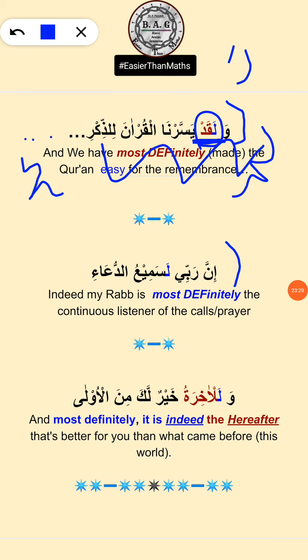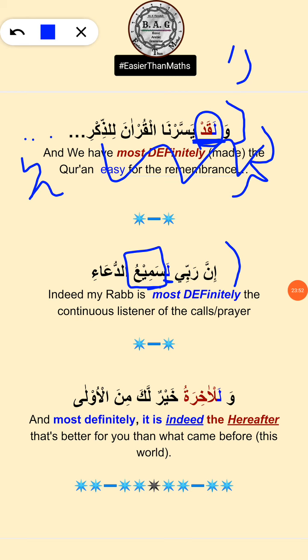Now, notice how I put a little bit of stress in this Laam-e-taakeed. I hope you did. Okay, so indeed, my Rabb is most definitely the continuous listener of the calls or prayer. All right. Now, this is a pattern of fa'ilun that we have already done in Ismu Balagha, right?